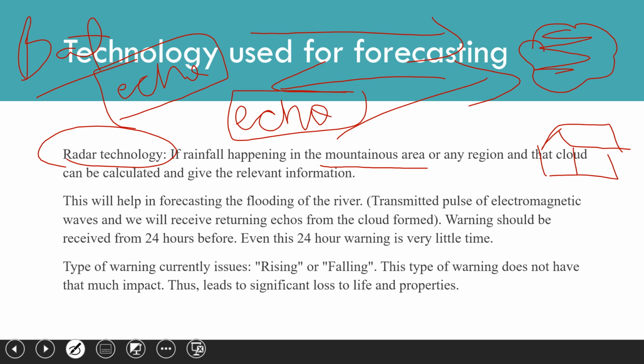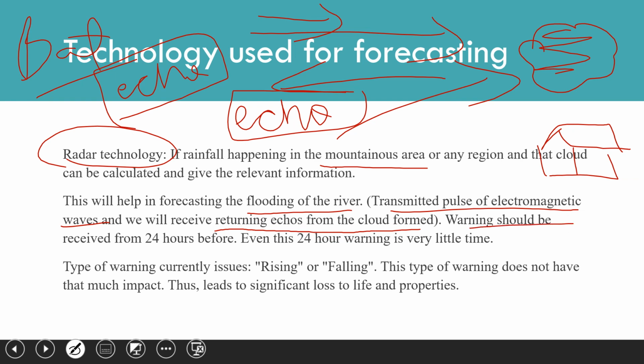So this will help in forecasting the flooding of the river. It transmits pulses of electromagnetic waves, as I have said here, and we receive returning echoes from the cloud formed, and in this way we calculate the amount of rainfall in the coming days.